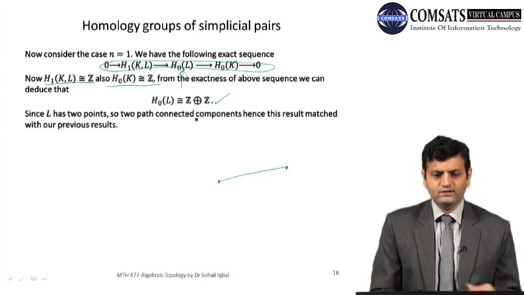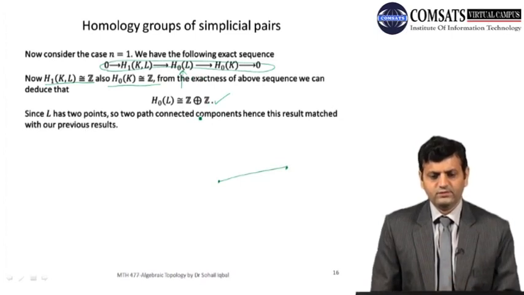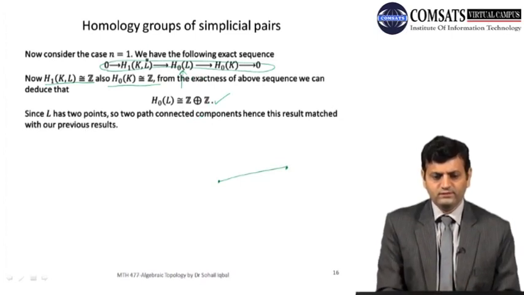This is coming from our discussion of exact sequences, that if we know this element and this element, what about this element? So this is basically the solution of this problem, that it is Z plus Z. This is also compatible with our discussion about the homologies of path connected components.